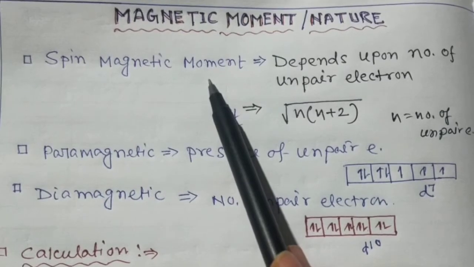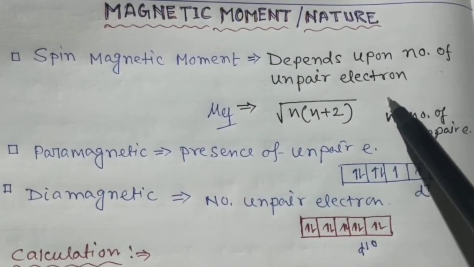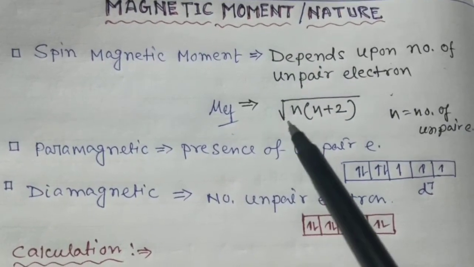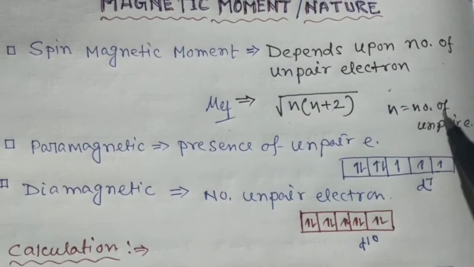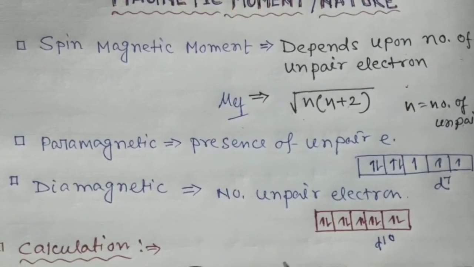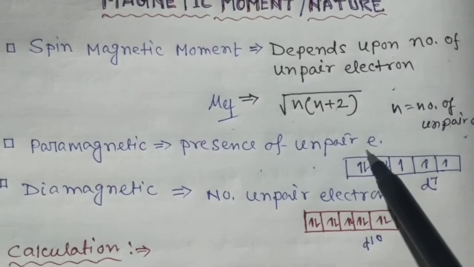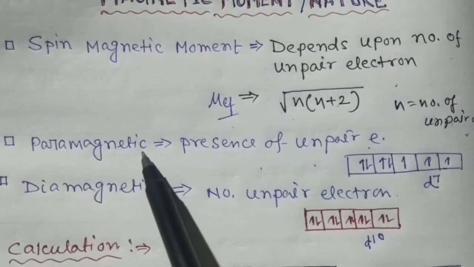Spin only magnetic moment depends upon the number of unpaired electrons, that is mu eff is equal to root over n into n plus 2. Here n is the number of unpaired electrons. If unpaired electrons are present, it means paramagnetic.